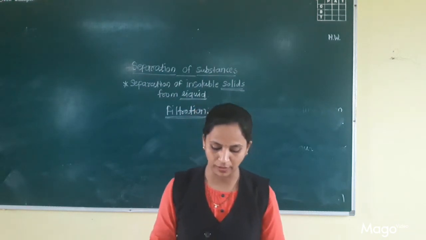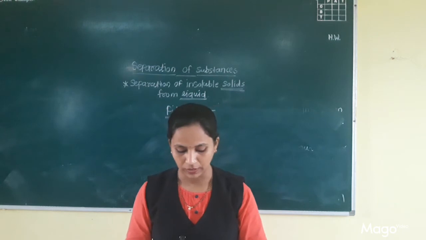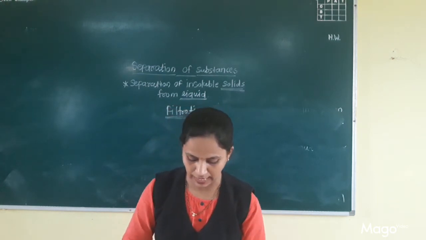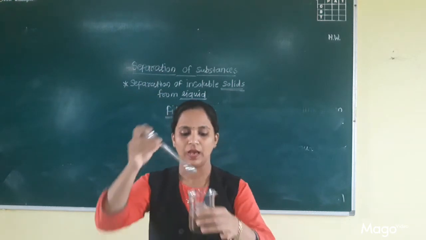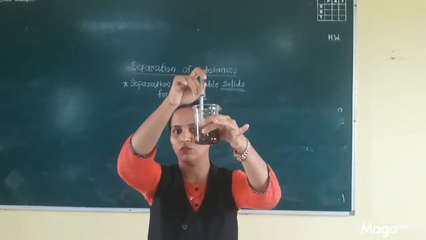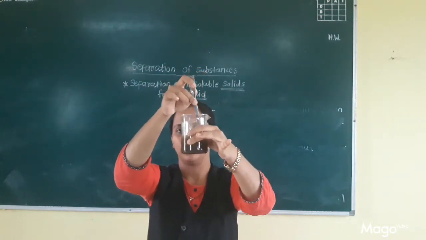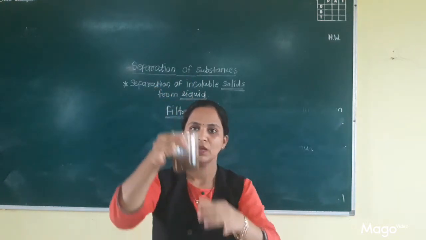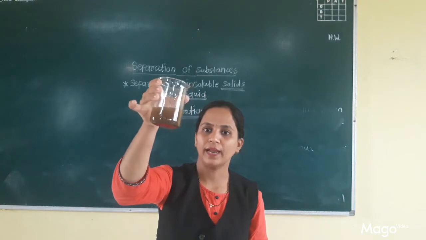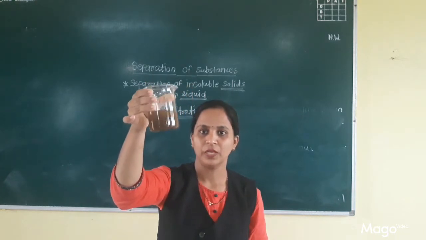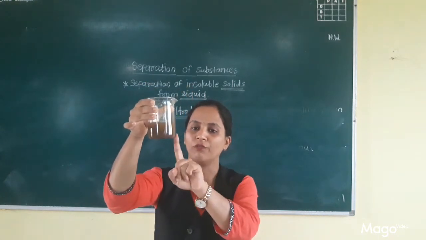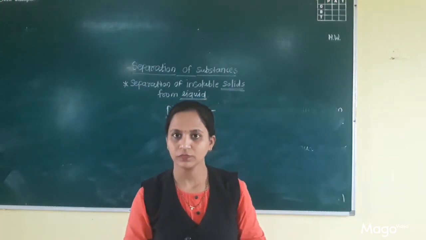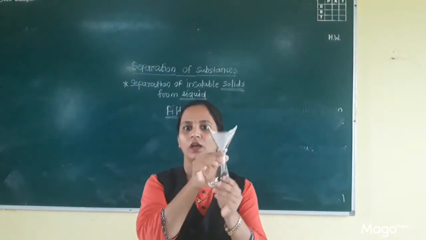So we are going to conduct another activity related to this. For this activity also, I just add sand and water. So you can see here, it is a mixture of sand and water. Now we are going to filter this mixture by using this. What is this?